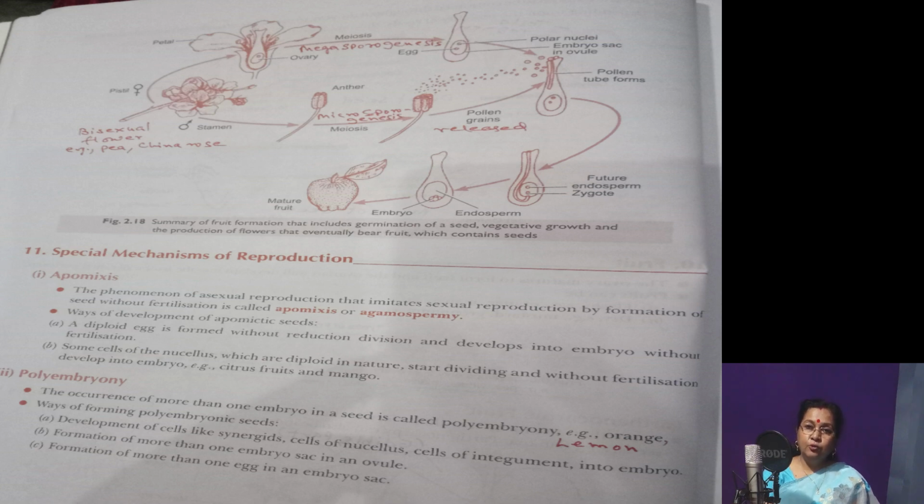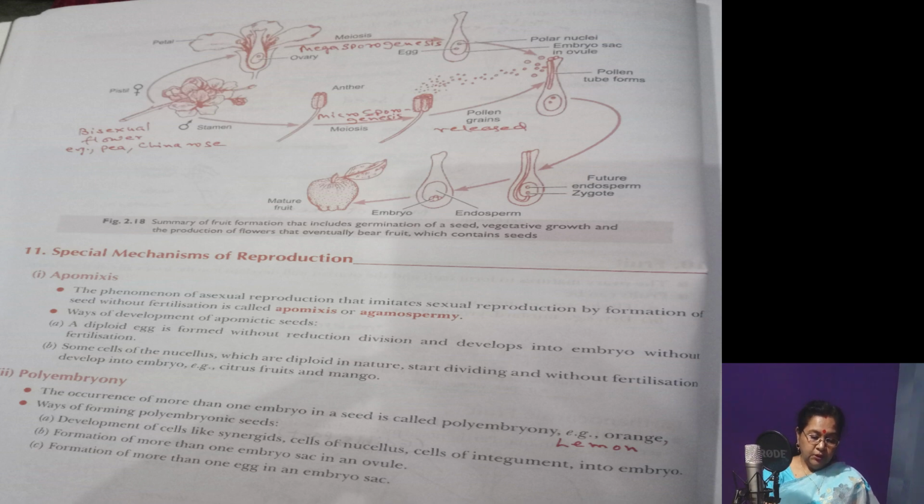It is also known as agamospermy. Now how are these seeds developed? Apomictic seeds are developed by some cells of the nucellus which are diploid and they start dividing without fertilization and develop into an embryo.